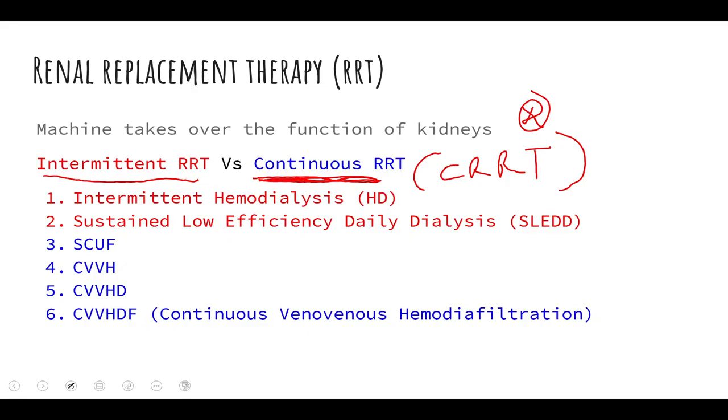Intermittent hemodialysis is a more aggressive way of pulling fluids from a patient, and it is usually done within 3 to 4 hours, usually 2 to 4 hours. Within that short period of hours, you get to pull up to 3 to 4 liters out of the patient.